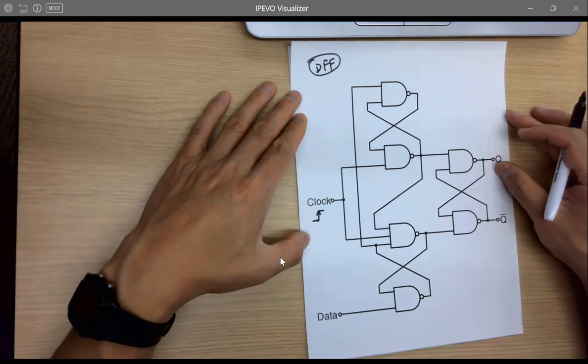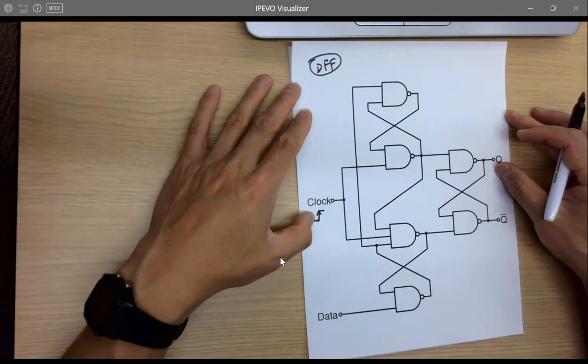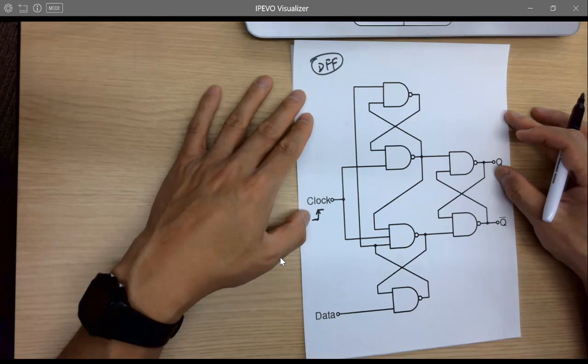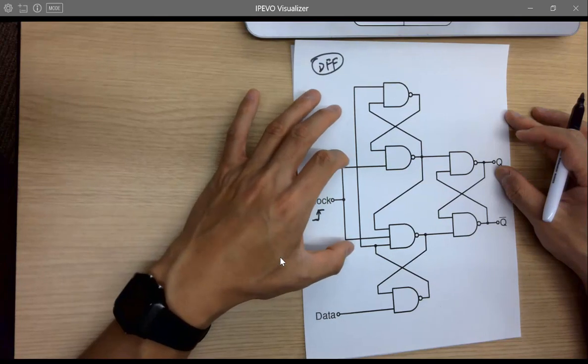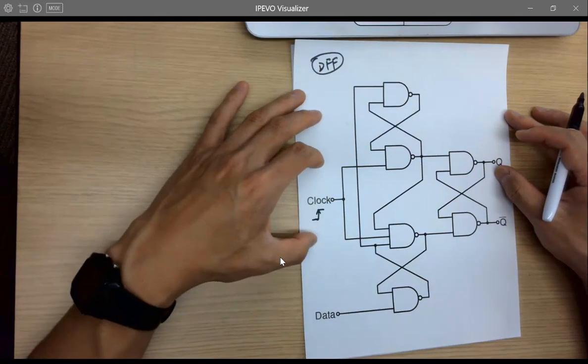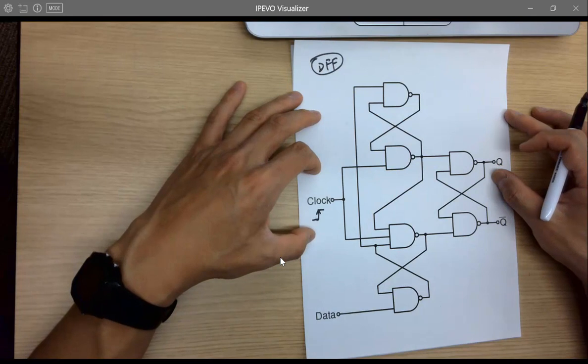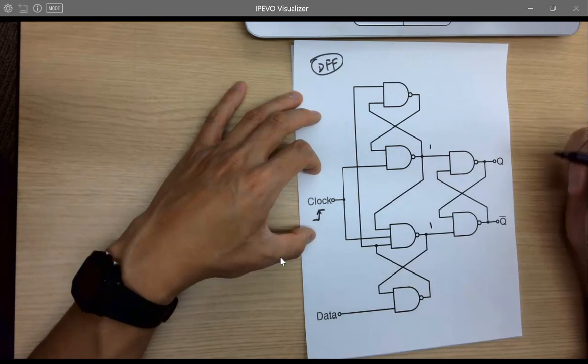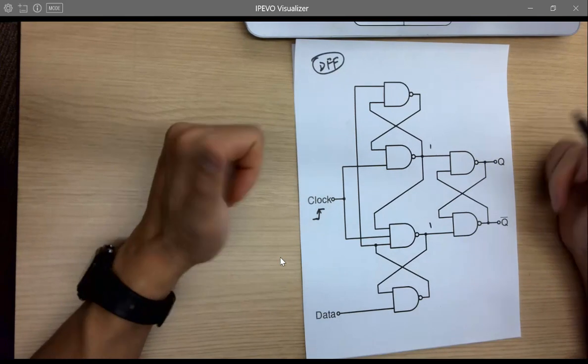So before the rising edge, the clock is giving what to the circuit? Before the rising edge, 0. So 0 is gonna do what to the circuit? Right? Cool. First step, right?